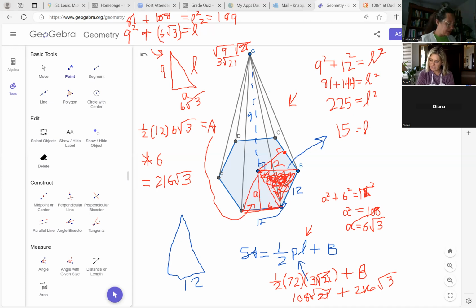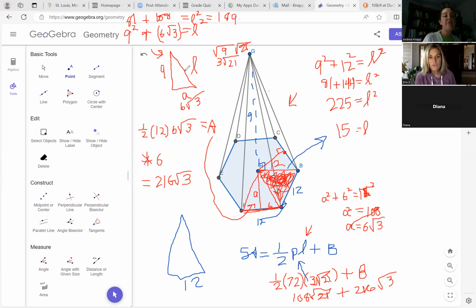Okay, what formula did you find for the hexagonal base? Half of, hold on, half of apothem times perimeter. Half the apothem times the perimeter. Okay, let's do that.